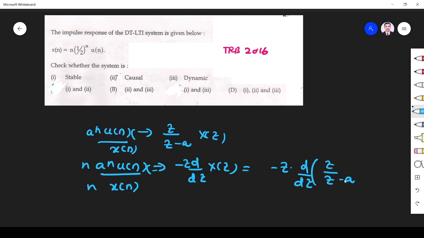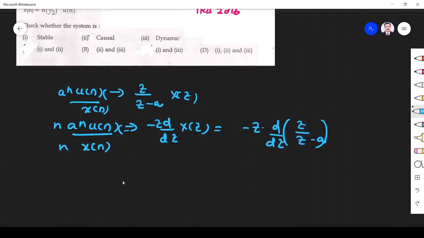If you differentiate and simplify, taking z outside, my final Z transform becomes (1 by 2) z power minus 1 divided by (1 minus (1 by 2) z power minus 1) whole squared.